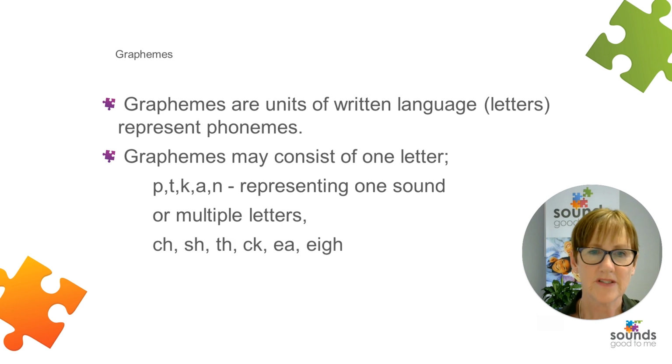So here are some examples of that. CH says ch most of the time. SH says sh. TH can say th or f. CK says k. EA says e, and EIGH can say a. Vowel sounds are particularly tricky and inconsistent in English, and we'll be talking about those again later on in the program.